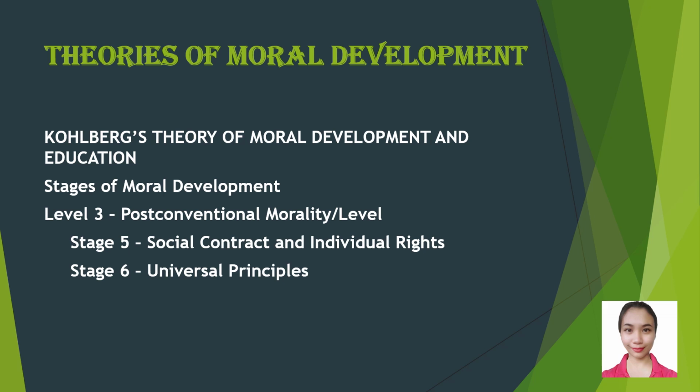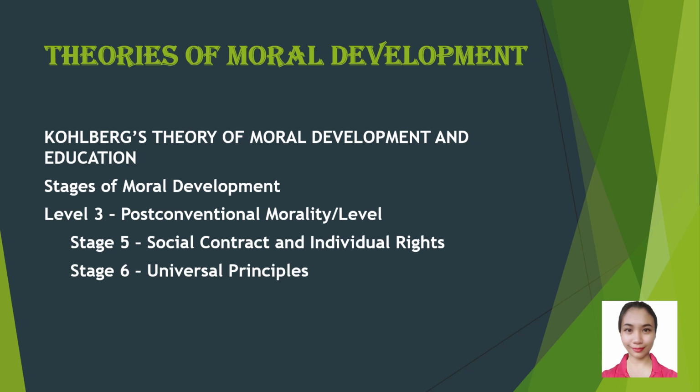It is not just recognizing the law, but the principles behind the law. In this level, class, this is the highest level of our moral development. We are considering the principles behind the laws that we follow. We already know why the rules that we should follow were made. That is what post-conventional morality imposes.